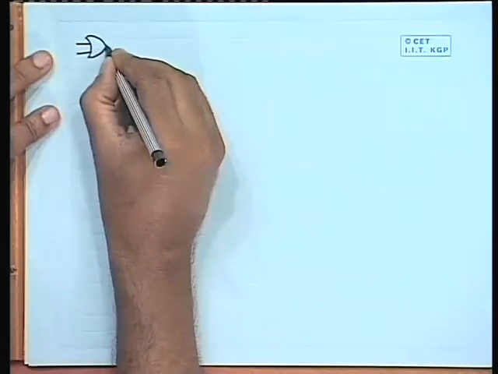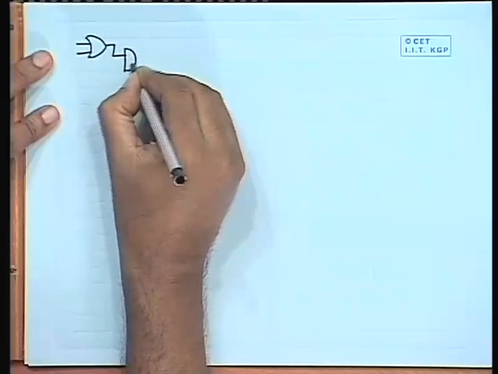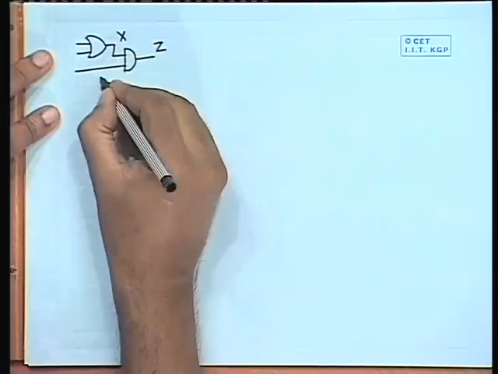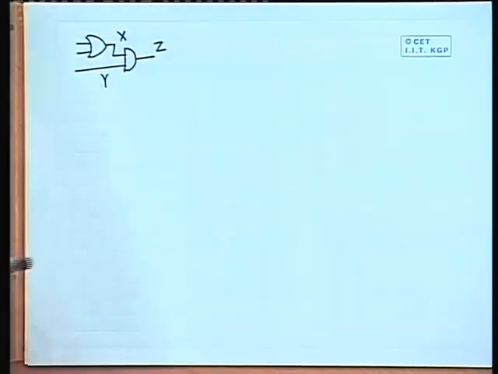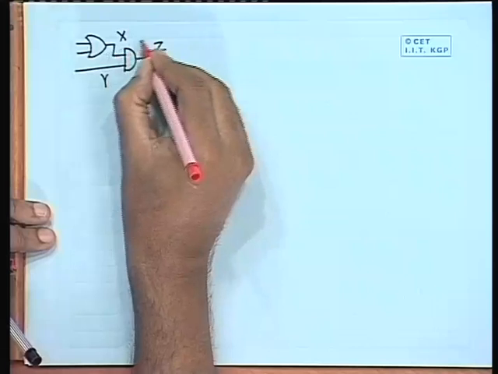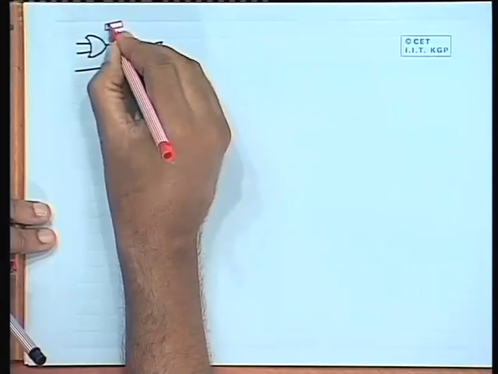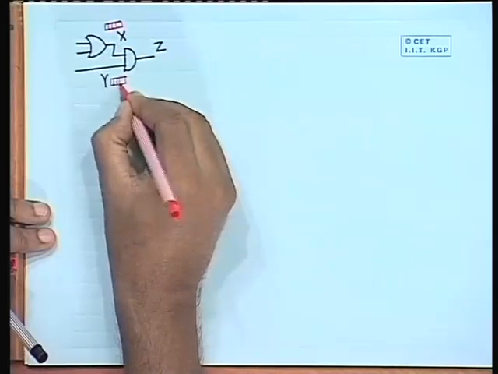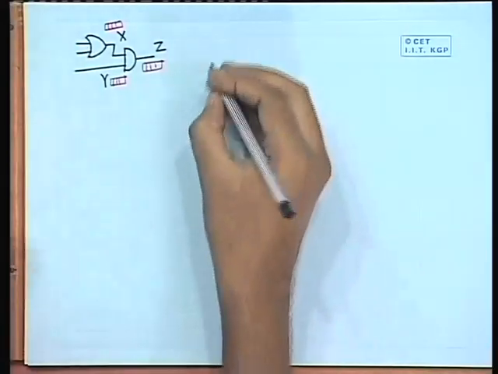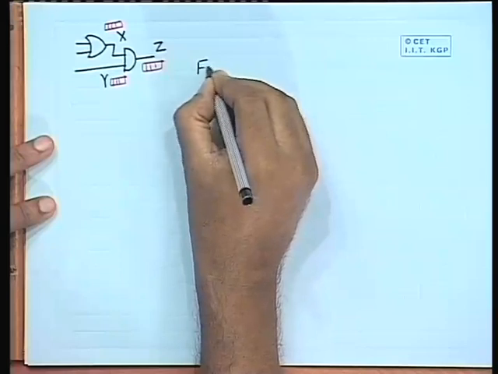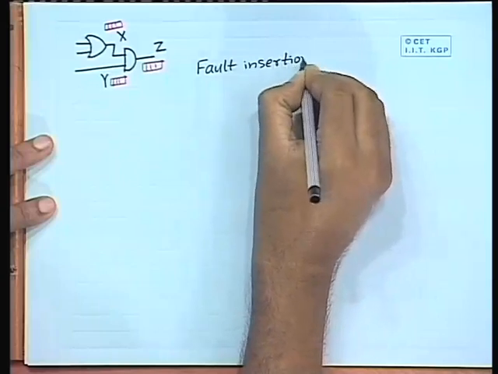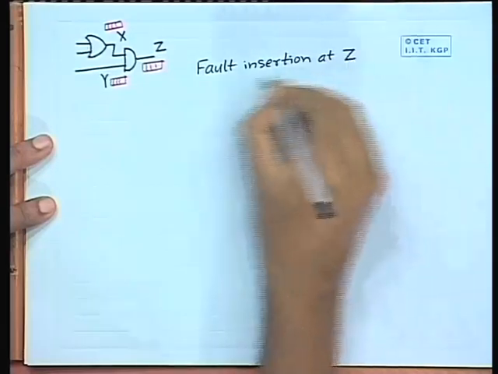I have an OR gate, this is driving an AND gate, the output value is Z, this is X, this is Y. Now, this 32-bit word that I had said, there will be a word assigned to each of these X, Y as well as Z. Right now, we are concerned with the line Z. We will show you how we carry out fault insertion at the line Z.